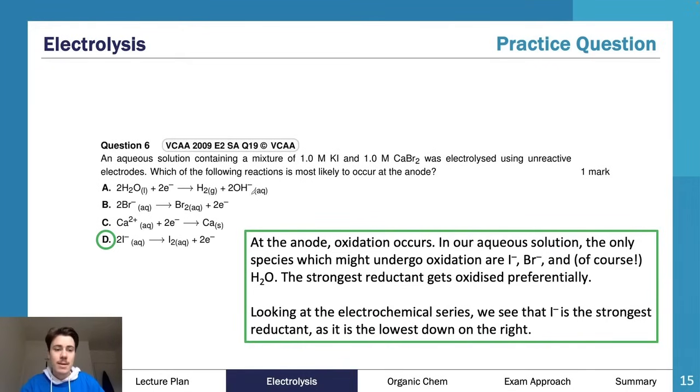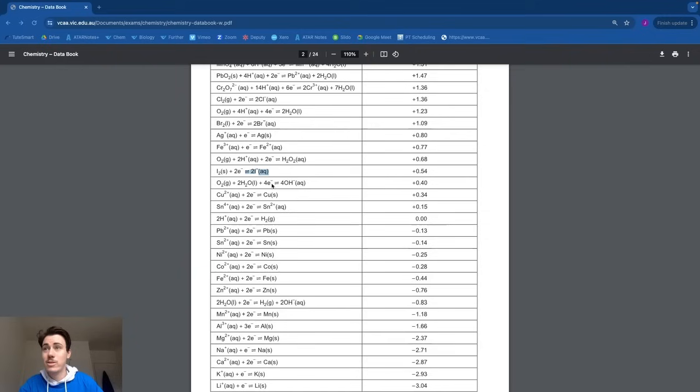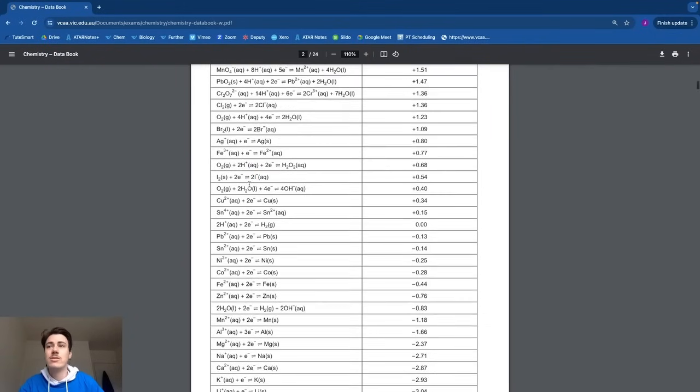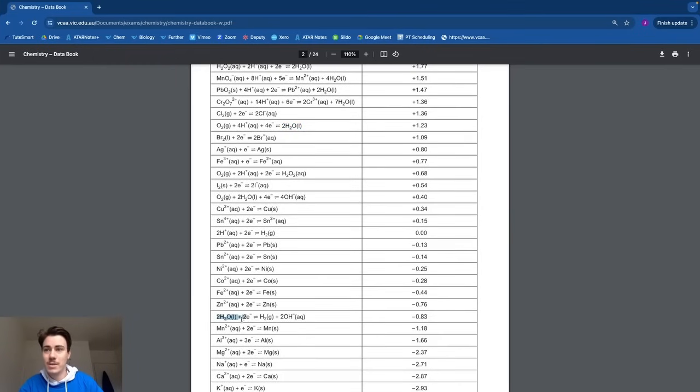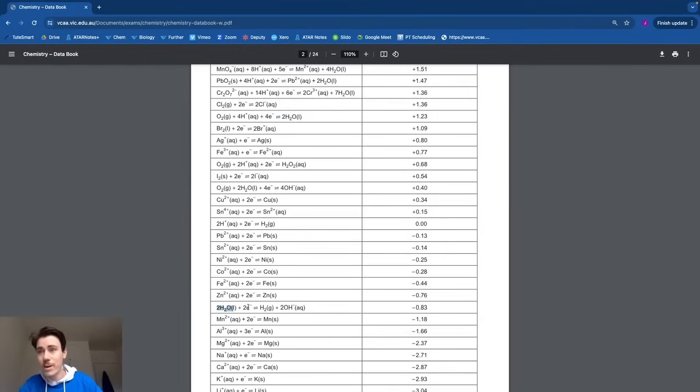Now, what's really important in this question is something that I didn't discuss. What about the water? These are aqueous. So what about the water? In this question, it's really important you identify that there is water available. So I would need to highlight my waters. There is one here and there is one here. They are the two waters I would need to highlight. When I look at this, the water is actually the strongest oxidant.